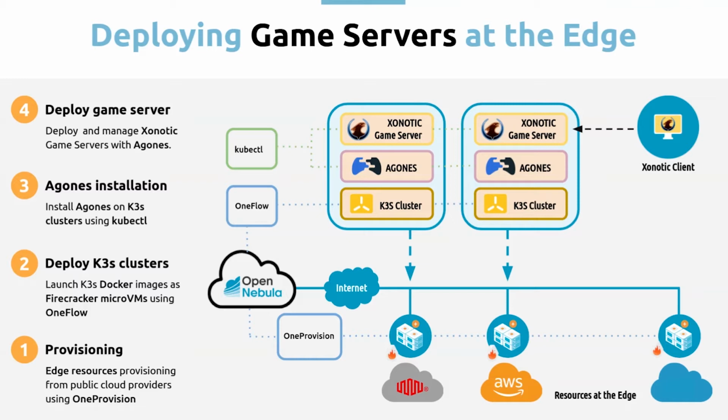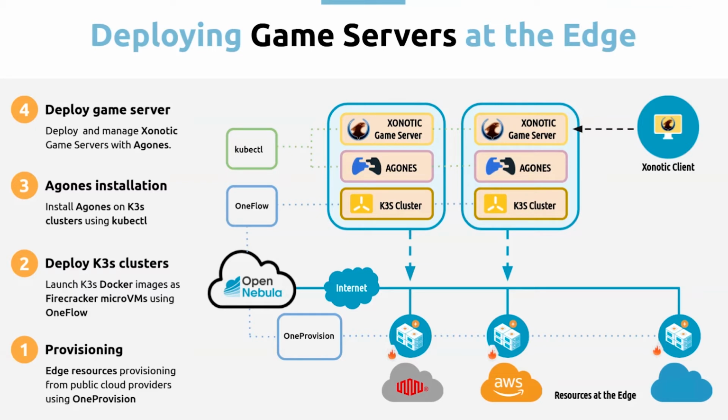resources. So when the cluster is deployed, we can use a standard Kubernetes tool like kubectl, and we can deploy Agones in the cluster, and then we can still use kubectl by deploying a game server within Agones.